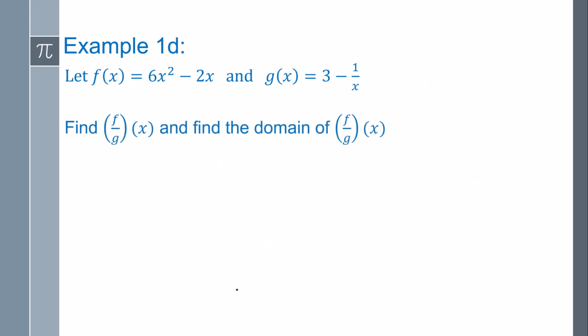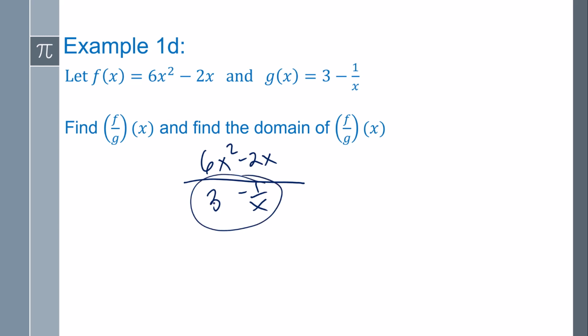And the last one, divide. Take your f function and divide it by your g function. Now the domain, we have to look at it and say, okay, can I divide by x? Well, I have an x in the denominator here, so 3 minus 1 over x can't equal 0.